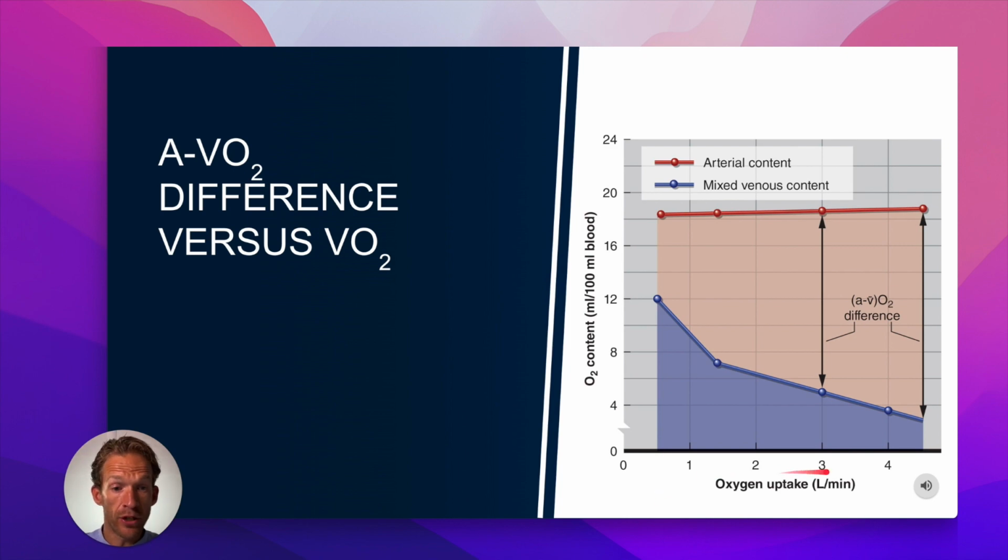And then here you can see the oxygen uptake, which is again just a measure of exercise intensity, where you expect at rest that the arterial content is roughly this 20 or a little bit lower. And then here you can see this difference at rest is the AVO2 difference. If you compare the resting values then with medium intense or high intense exercise, you can see that the input is roughly the same, but the AVO2 difference increases because there's less O2 in the veins left after a full cycle.